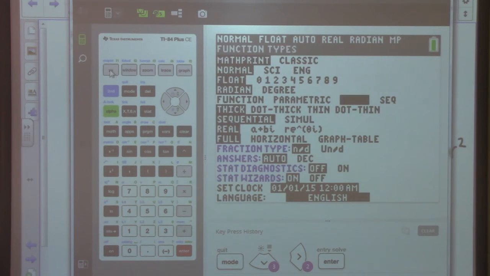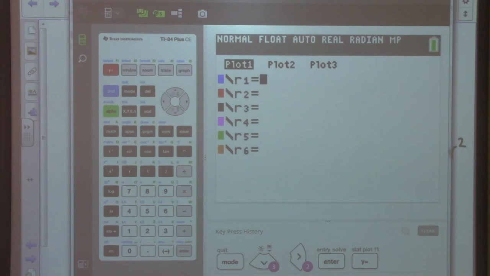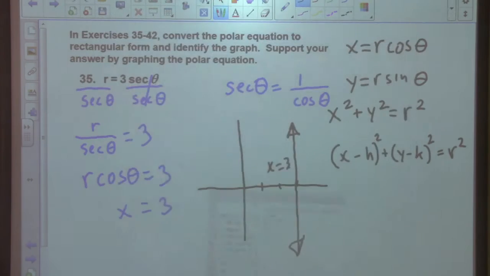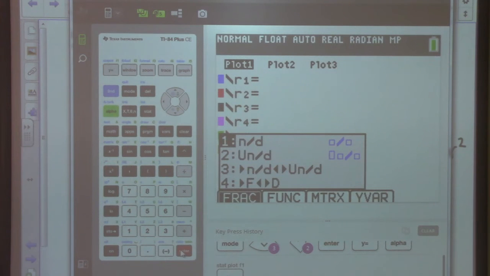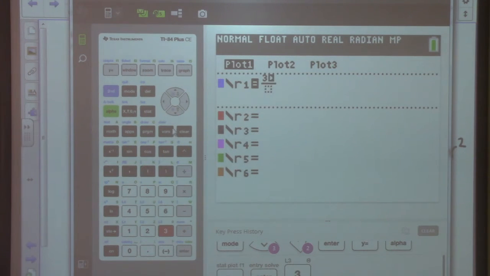We can't graph r equals 3 secant theta, but we can write that instead as 3 over cosine theta. So we're going to come over here on the calculator and put 3 over cosine theta.